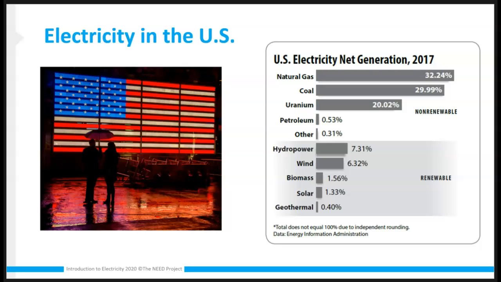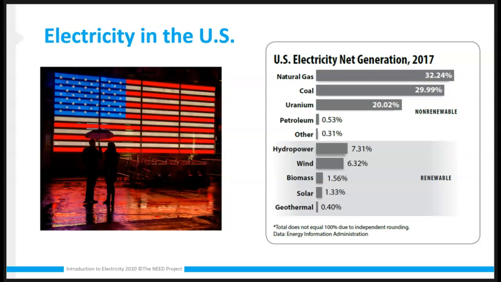The only place that you can really rely on seeing petroleum for generation of electricity, other than maybe a personal generator, would be Hawaii, a state where they do not have as many natural resources available in order to generate electricity. As we get down into the renewable side of things, we see that hydropower is at about 7.3%.